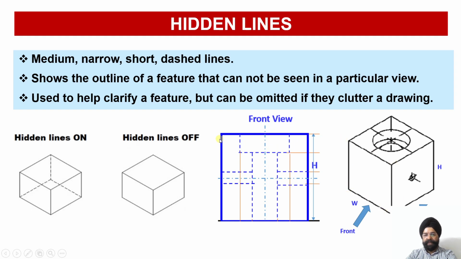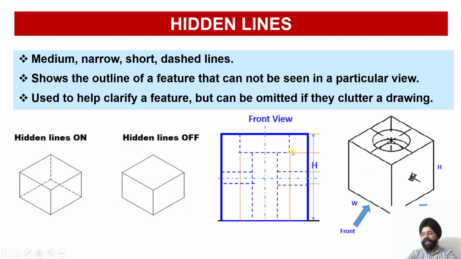So you can see this is my outline, or visible line, which I have drawn dark, but the bolt head portion I am not able to see while looking from this side. So depending upon the size of the bolt, I will mark the size of the bolt but draw it dotted. Why dotted? Because I am not able to see this particular feature of the product from this side.